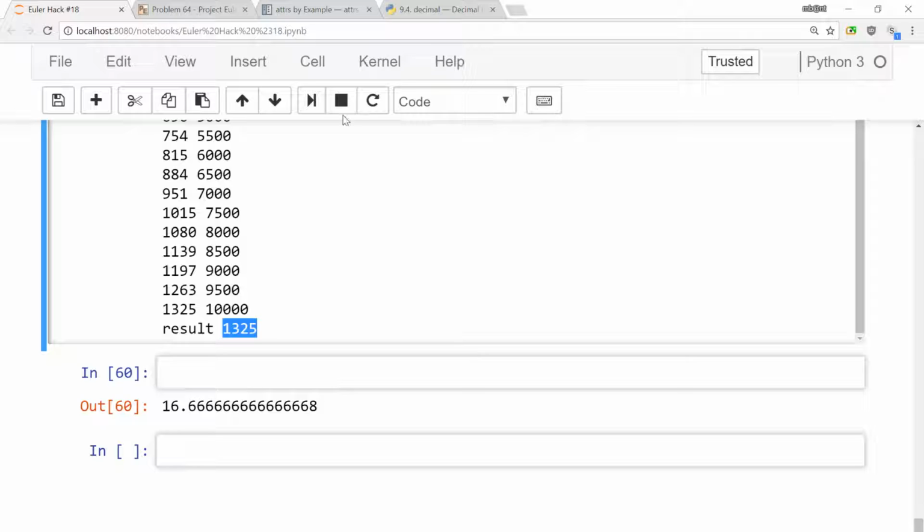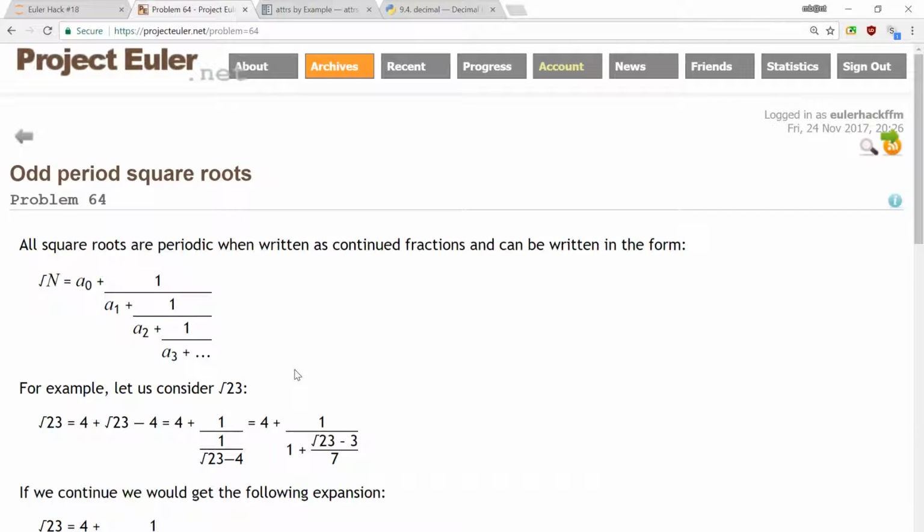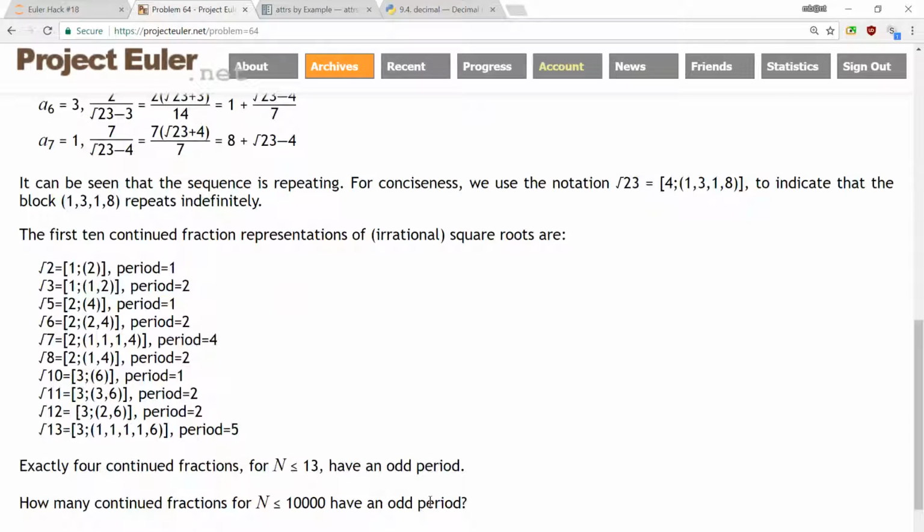No, two less. I think the previous one was 27. Yeah.